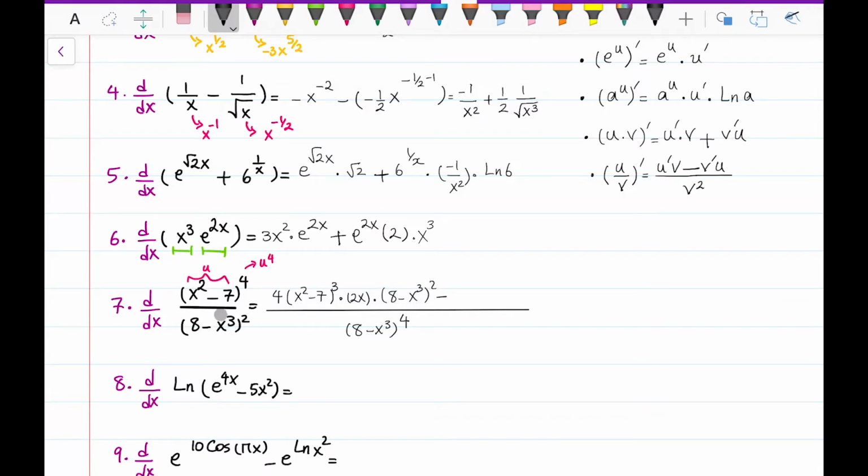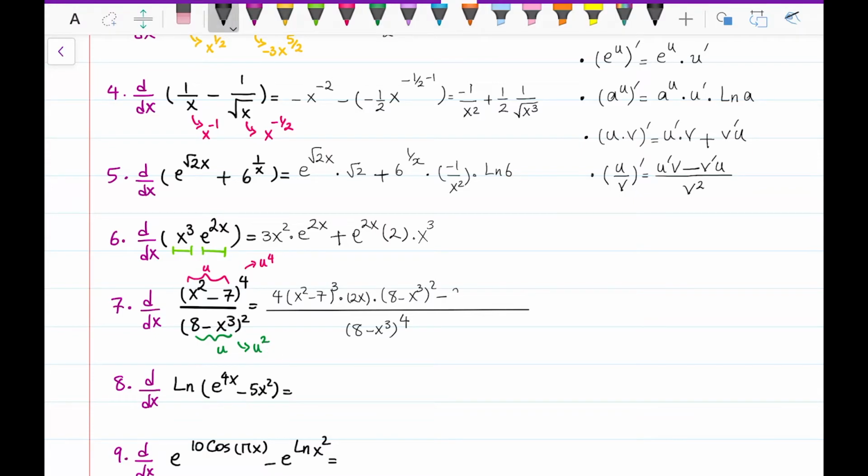minus derivative of bottom times top. So what is the derivative of the bottom? Again, I have a function u to the power of 2, so I have a u squared. Then I need to use chain rule. The 2 gets down, u to the power of 2 minus 1, times derivative of u.